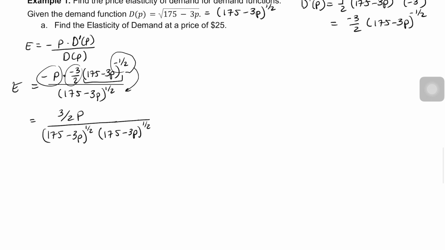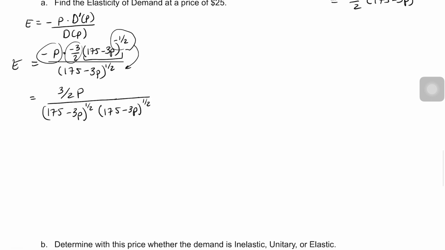What are we going to do here? We're going to multiply those two. When you multiply bases with the same base, we just add their powers. So we have 3/2 times p all over 175 minus 3p, since 1/2 plus 1/2 equals 1. Of course, we're not going to write it out. So this is your E.